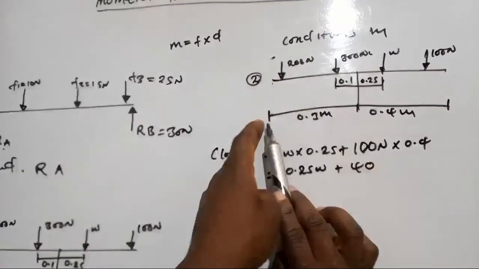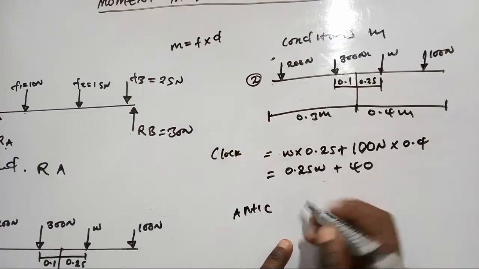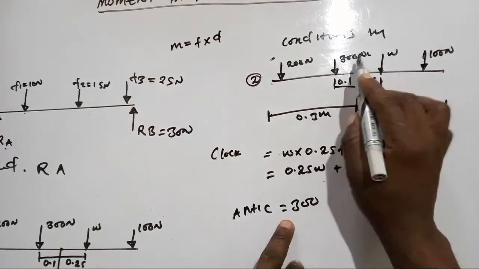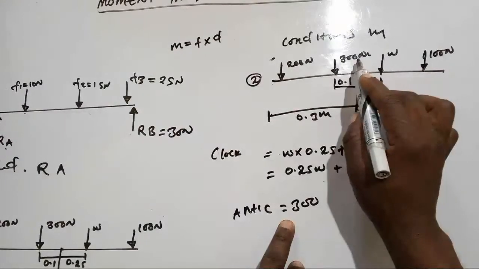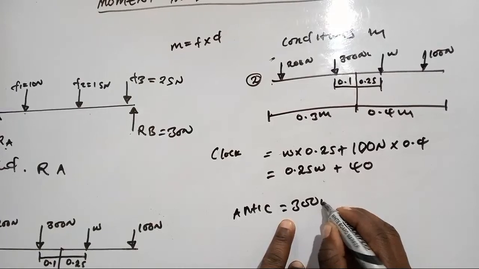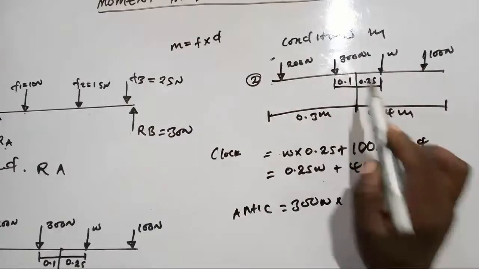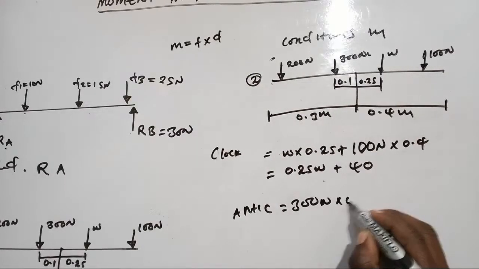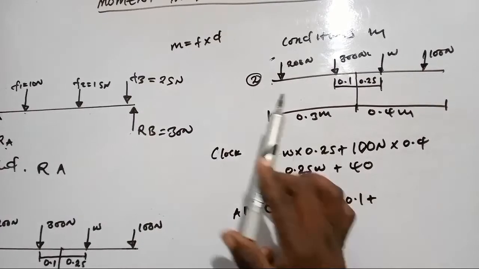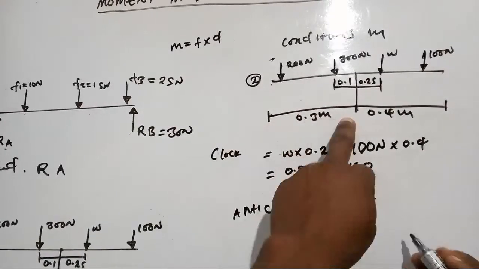We're starting from 300 Newton, times the distance which this force is subjected to, which is 0.1, then plus the 200 Newton, whose distance is 0.3.